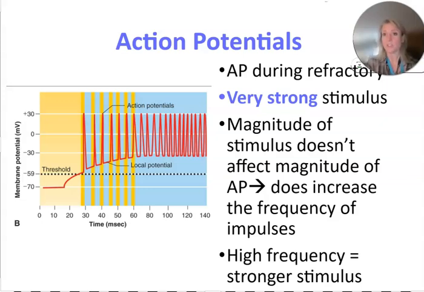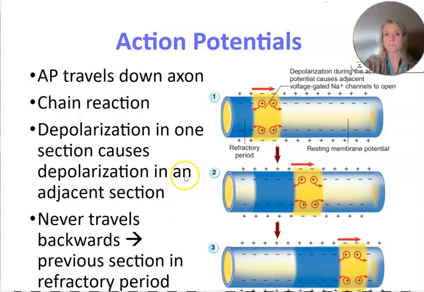That can't change. Even if it's stronger, it just has to reach negative 55. It's not going to make the magnitude of our action potential graph any bigger. But if you have bam, bam, bam, bam, it's kind of like someone is poking their finger at that neuron, trying to get it to respond, then you could, during the relative refractory period, get another action potential to occur.